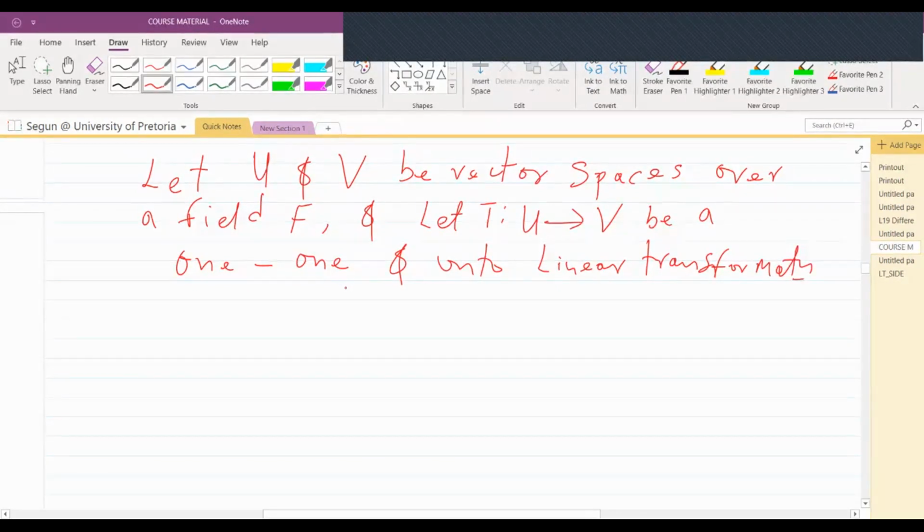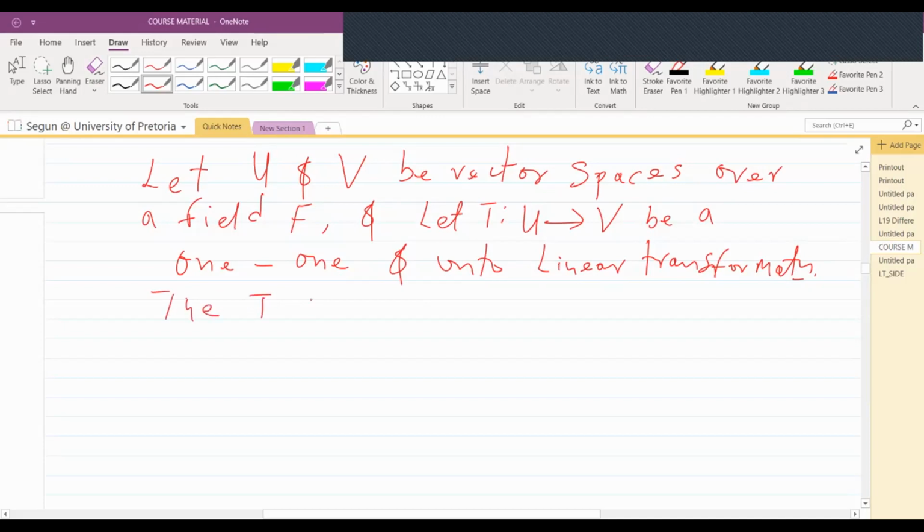How do we know this particular one is a linear transformation, is a one-to-one transformation? One-to-one is in the sense that we normally write it this way. Okay, let me finish this definition, then I'll give us the way we write it.